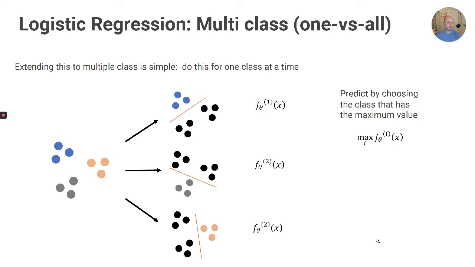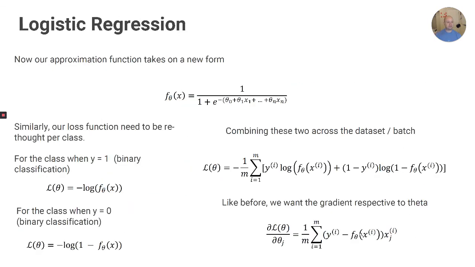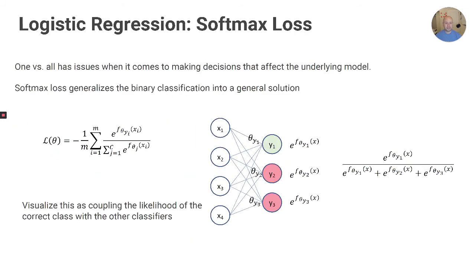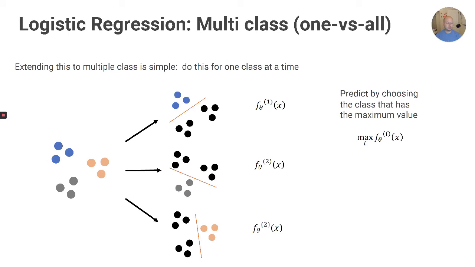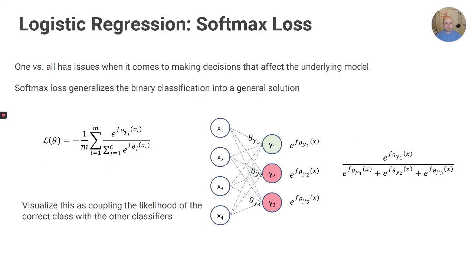So this is one approach to multi-class classification using logistic regression, which is, by the way, also the name of this algorithm. Before we had linear regression, and logistic regression is essentially linear regression with this sigmoid, or this nonlinearity, wrapped around it. And we'll see that there are other nonlinearities that we can use.